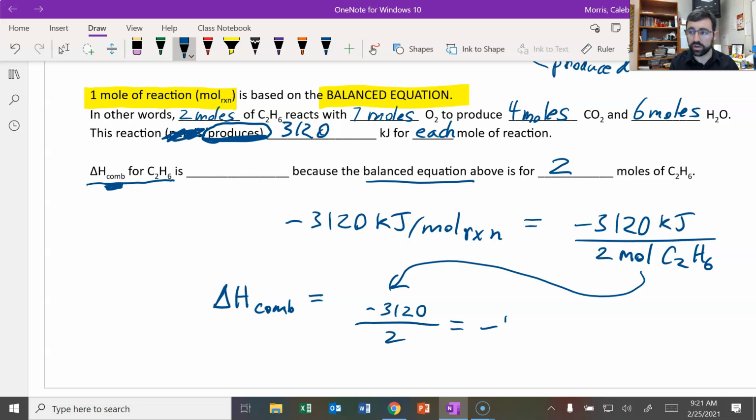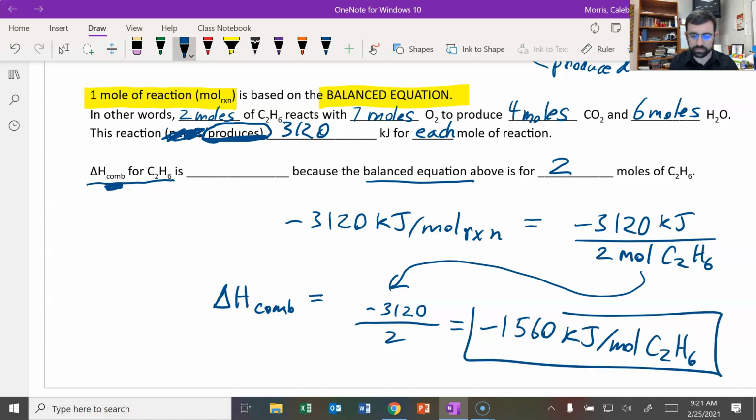And I get negative 1,560 kilojoules per mole of C2H6. Negative 1,560 kilojoules. And we should say kilojoules per mole of ethane.